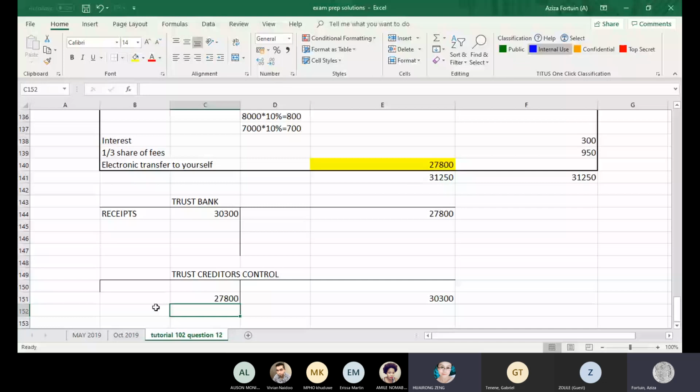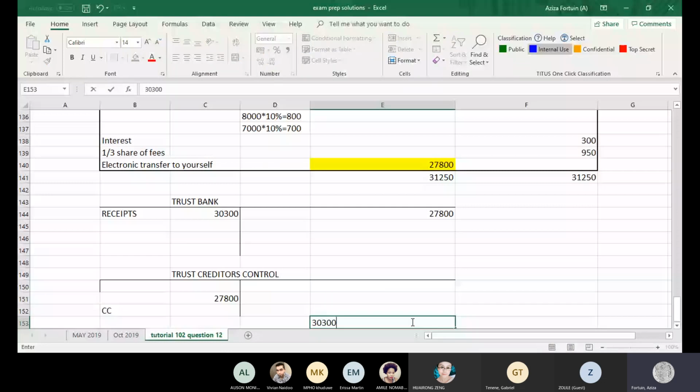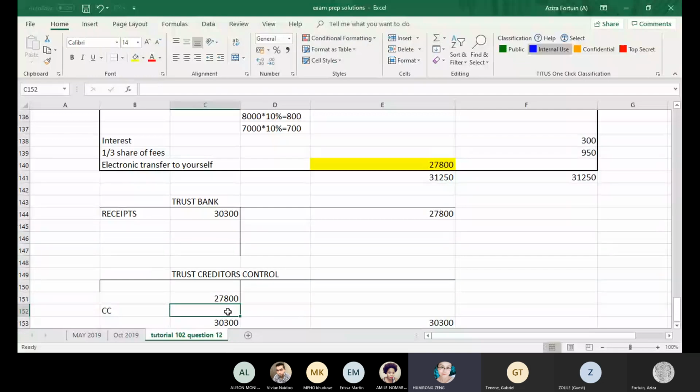Also on the debit side, we should debit that 2,500 rand collection.